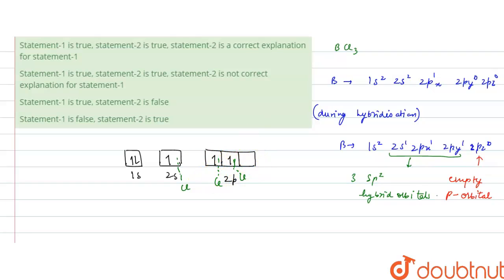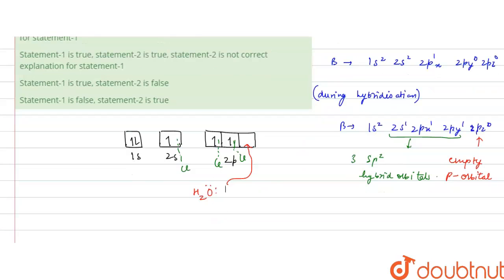Now this is the empty orbital. Into this empty orbital, water can donate its lone pair and it can undergo hydrolysis: BCl3 plus water forms H3BO3 and HCl.